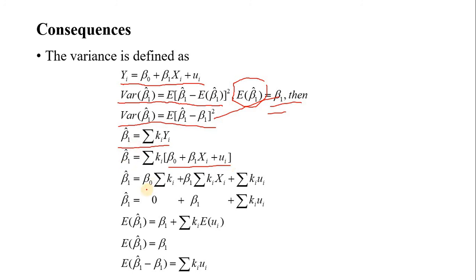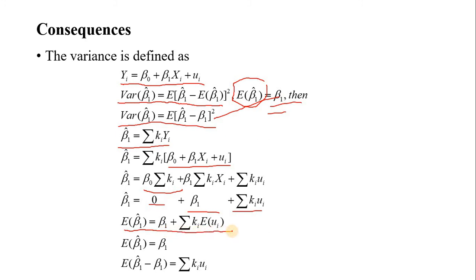From the properties of k, we have already found that sigma ki is equal to 0 and sigma ki xi is equal to 1. So the first term becomes 0, the second term becomes beta 1 alone, and the third term is sigma ki into ui. Now expected beta 1 is equal to beta 1 plus sigma ki into expected ui.